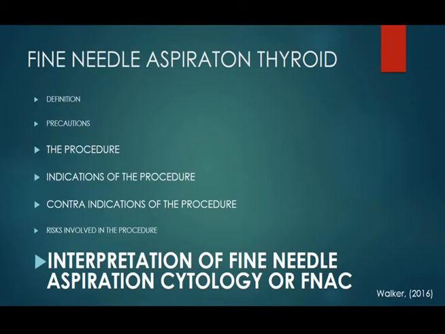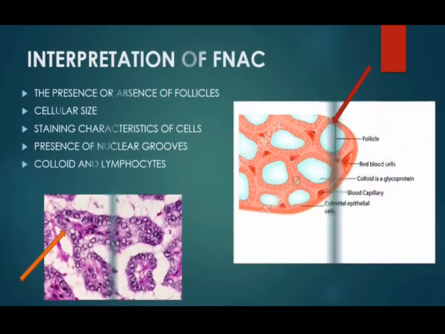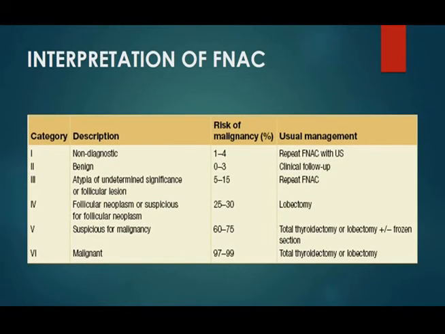Interpretation of fine needle aspiration cytology. The interpretation is based on the presence or absence of follicles, cellular size, staining characteristics of cells, presence of nuclear grooves, colloid, and lymphocytes. According to Bethesda system, fine needle aspiration cytology can be interpreted as grade 1 or category 1 when the sample is non-diagnostic.